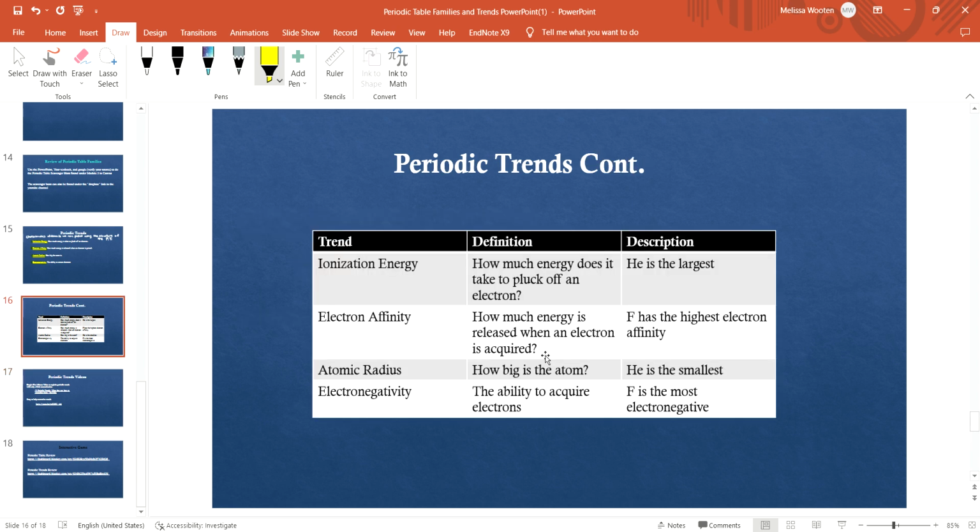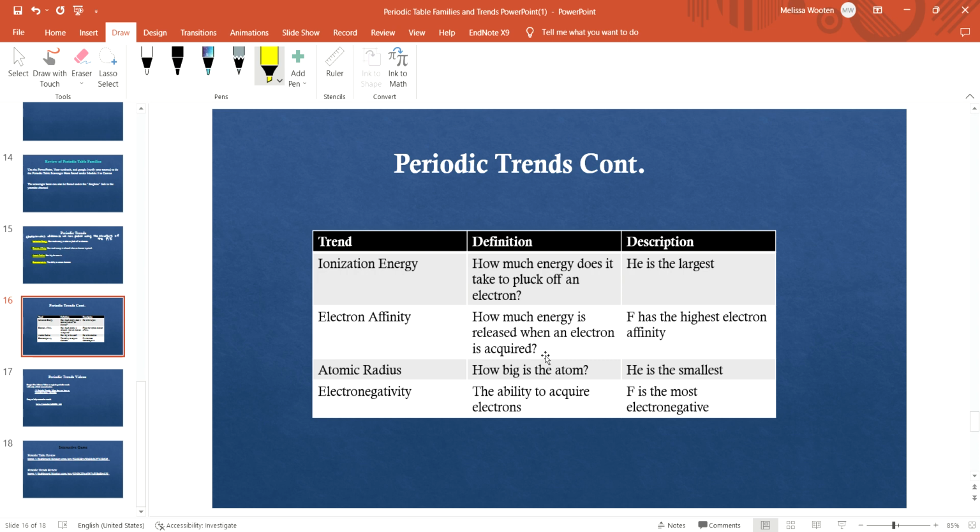This table pretty much summarizes the periodic trends that the guy goes over in the video, so when we're going over this in lecture, if you're in my class, you don't have to write down every little thing as he's going through that video because you have it right here already written out for you nice and neat in a chart.